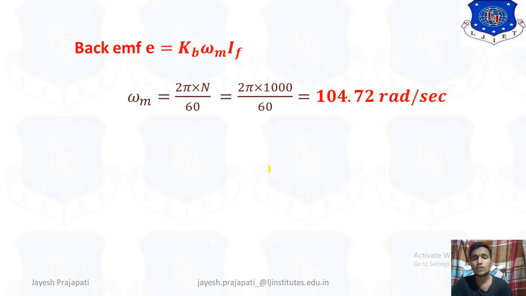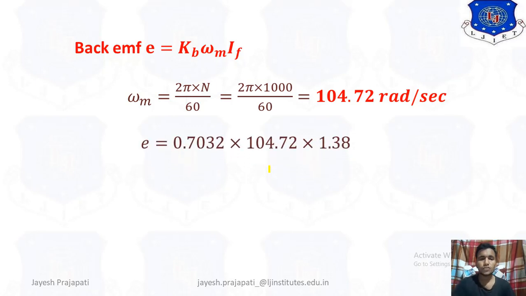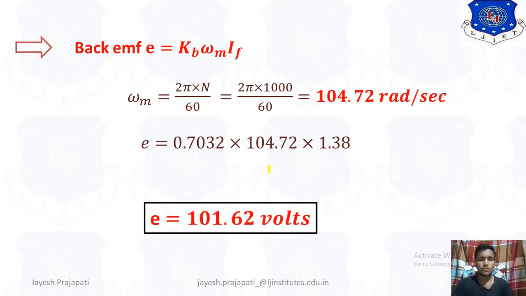So the angular speed omega m is equal to 104.72 radian per second. Now we substitute in the back EMF equation: E is equal to KB, that is 0.7032 into 104.72 multiplied by 1.38. The solution is E equal to 101.62 volt back EMF.